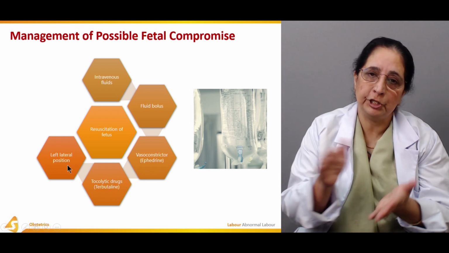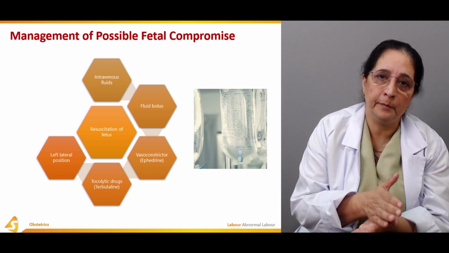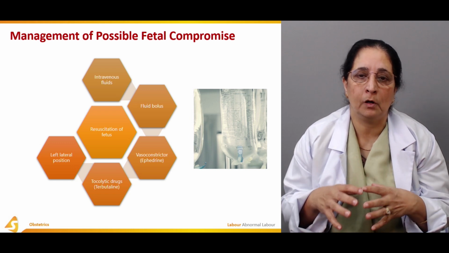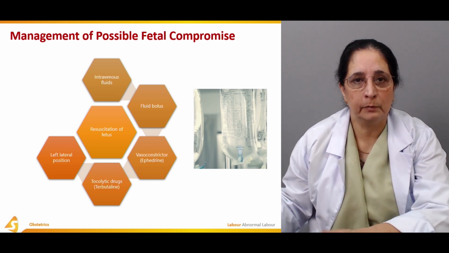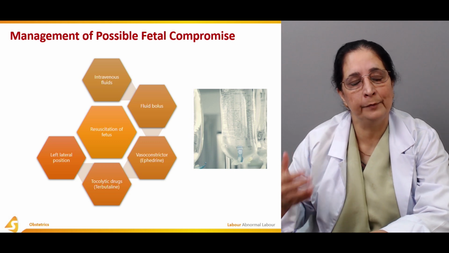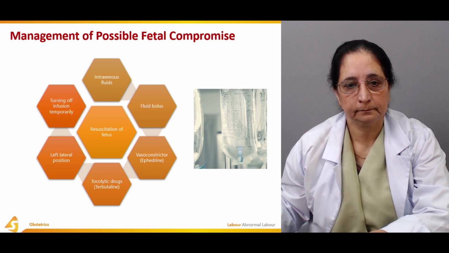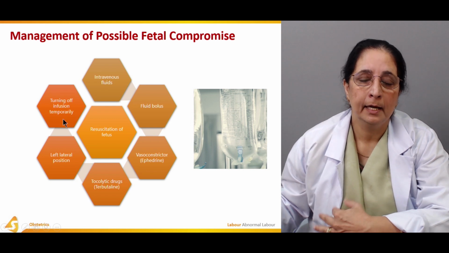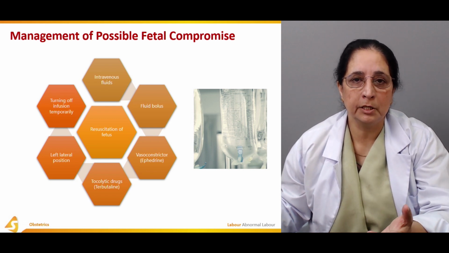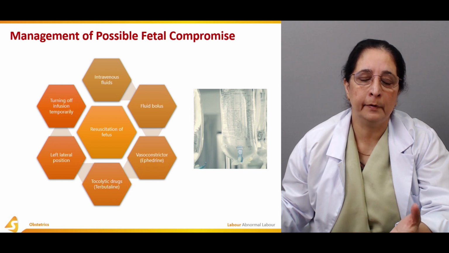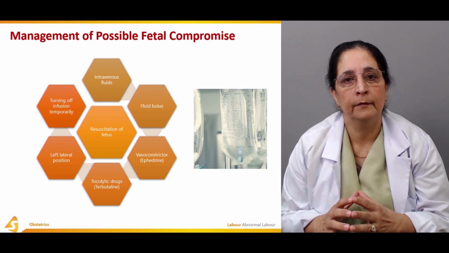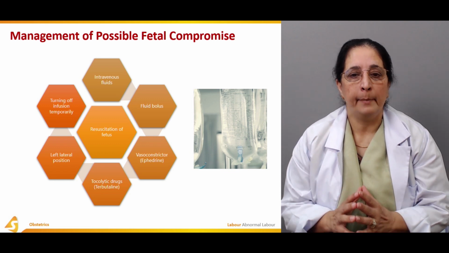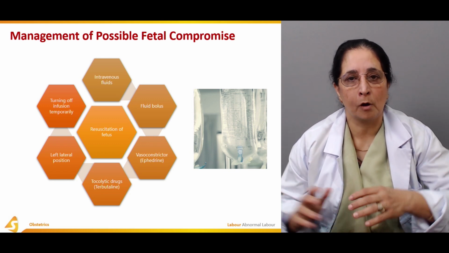Left lateral position of the mother is very helpful in relieving the pressure on the different vascular structures to improve the blood flow. Turn off infusion temporarily: if there is any oxytocin infusion for the labor, that should be turned off temporarily. So all these are the steps for the management of fetal compromise.